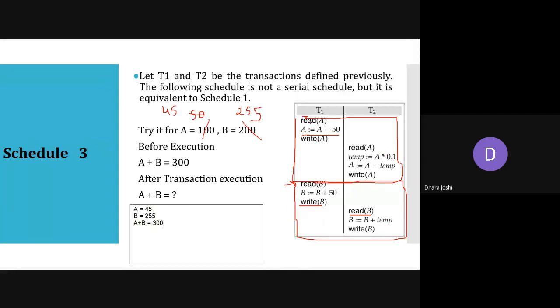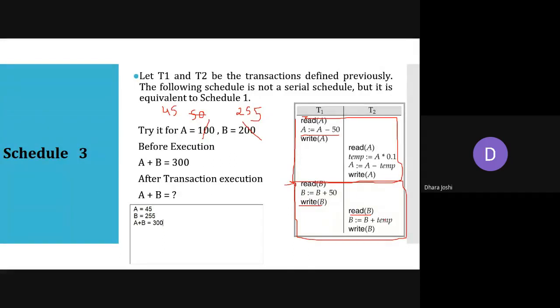Meanwhile, while we are doing T1, we are also doing T2, but it will not affect the database because we are dealing with two different data items. Once we are done with A, we started with B and completed B.